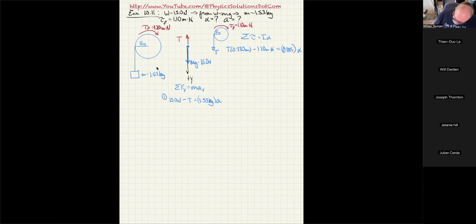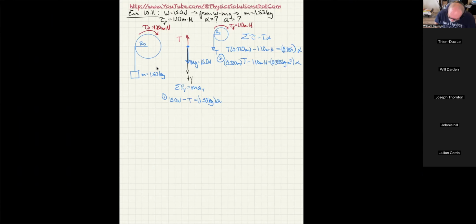Alpha is another variable we want to get. Let me compute this a little better and then number it: 0.330 meters times the tension minus 1.10 meter newtons is equal to 0.385 kilogram meters squared times alpha, and that's going to be equation 2.